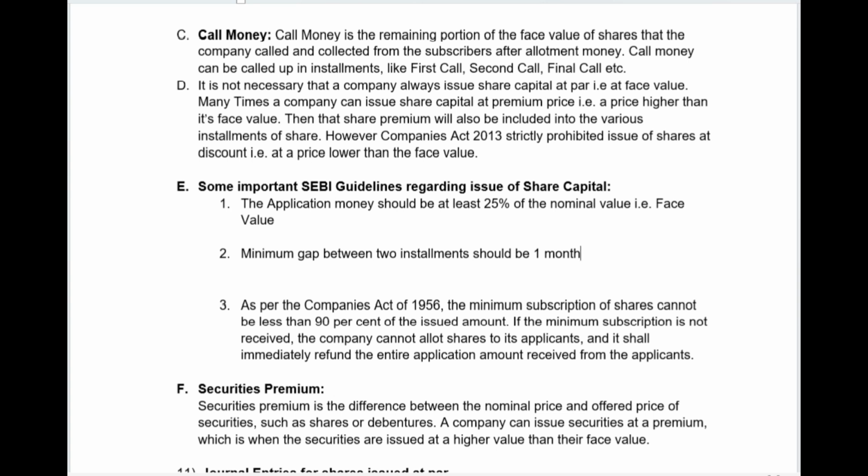So after collecting the application money, a company cannot collect the share allotment money before 1 month. It can collect the share allotment money at least after 1 month. It may be 2 months or 3 months, but the minimum gap should be at least 1 month. And similar is the case for the collection of the remaining call money, that is share first call money, share second call money, etc. The minimum time gap should be 1 month in all cases.